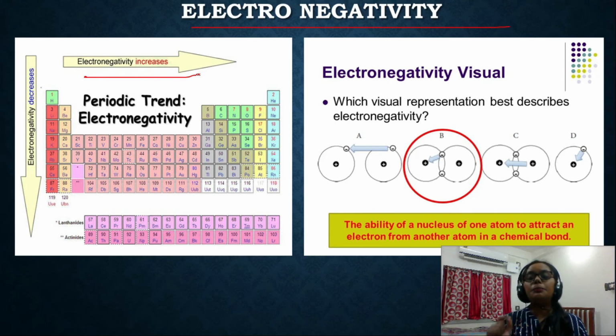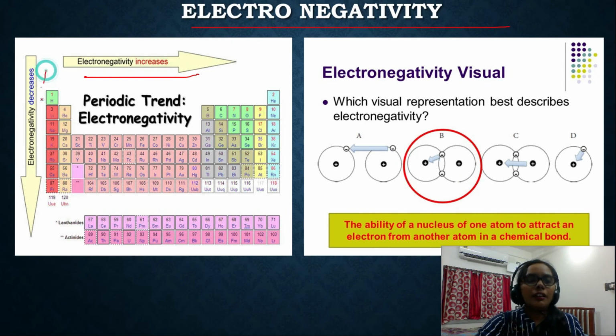Why does it increase? Because of the size effect, the size will decrease. The size decreases, that means the nuclear pull increases, and that is why the addition of an electron will be much more stable in the outermost orbital.